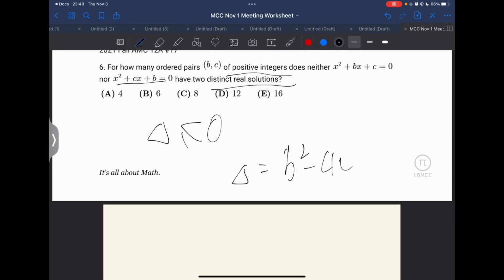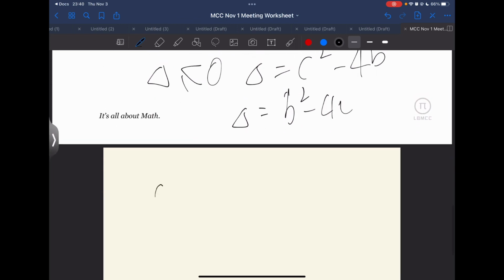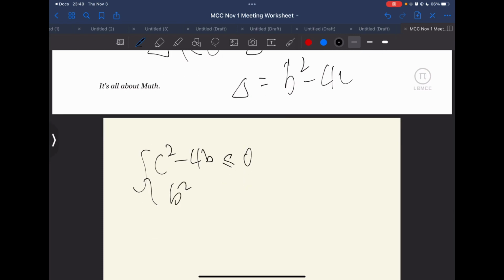And for this equation, it's c squared minus 4b. So c squared minus 4b is smaller than or equal to 0, and b squared minus 4c is smaller than or equal to 0.